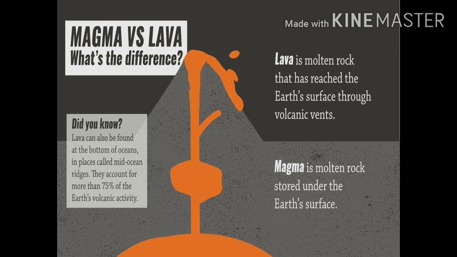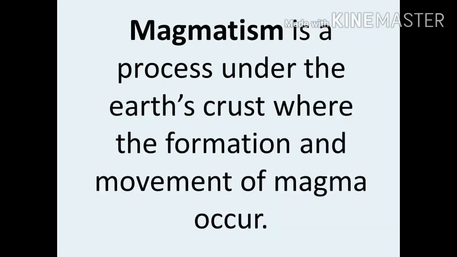That is the difference between magma and lava. Magma is the molten rock stored under the earth's surface, while lava is the molten rock that has reached the earth's surface through a volcanic vent. And magmatism is the process under the earth's crust where the formation and movement of magma occurs.